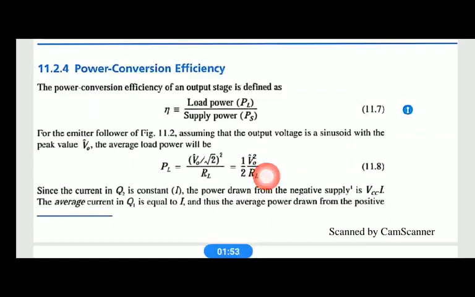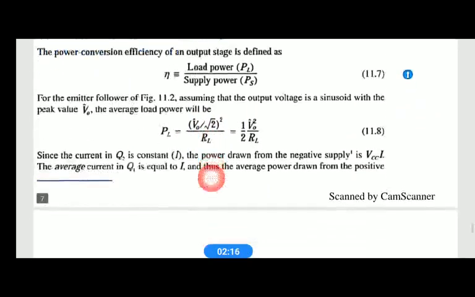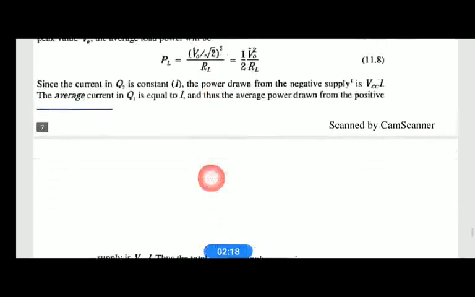Power means V square by R. Here V0 is the load voltage, taken in RMS, where V0 is in terms of peak, so you divide it by root 2 to get the load power.